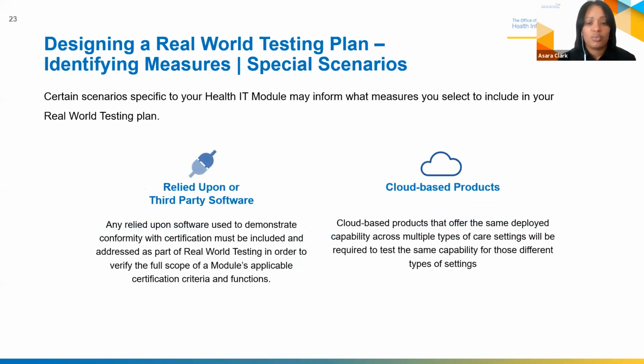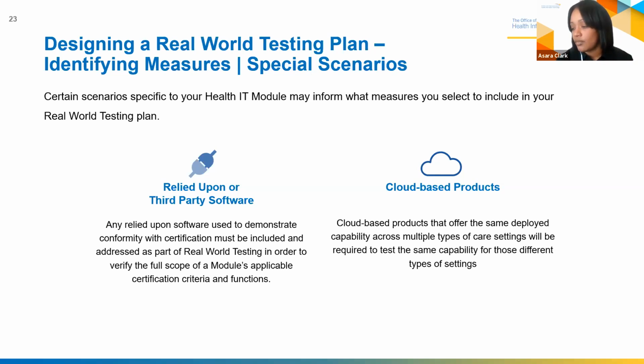All right. So let's talk about relied upon software really quickly. Within our program, ONC allows health IT developers to use third-party software that they did not develop to include within their testing and certification process to demonstrate capabilities. These are also reported on Chapel.